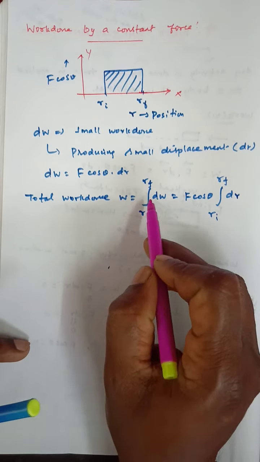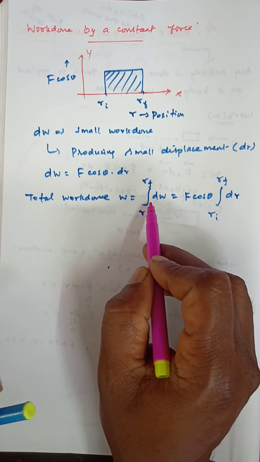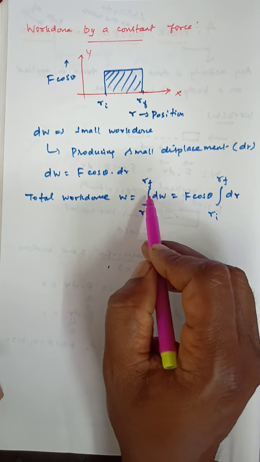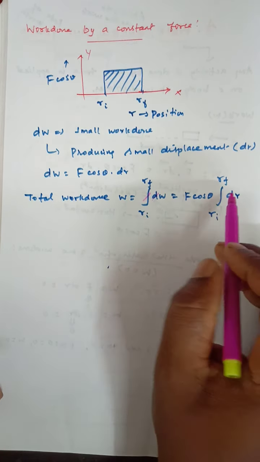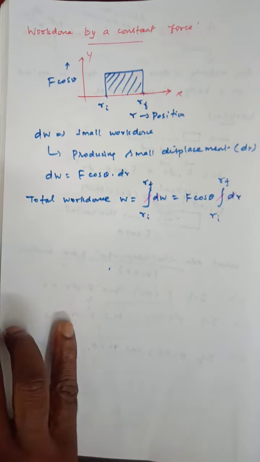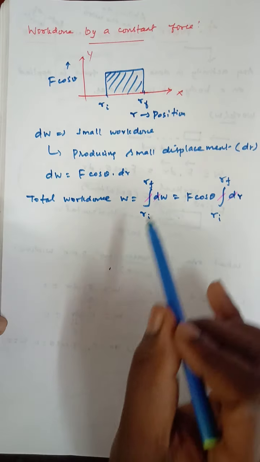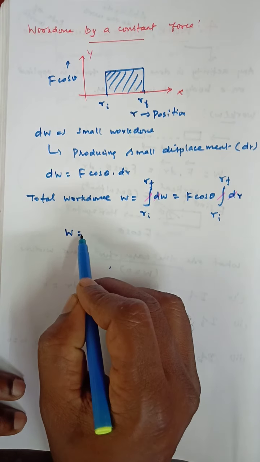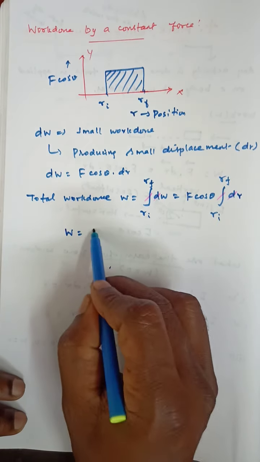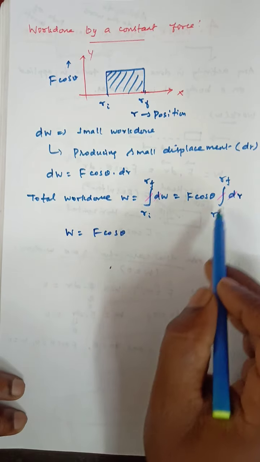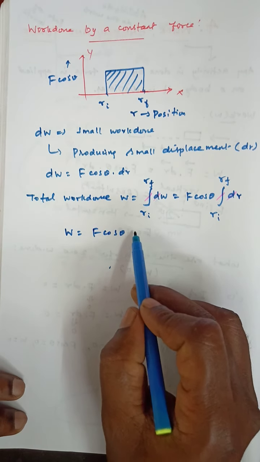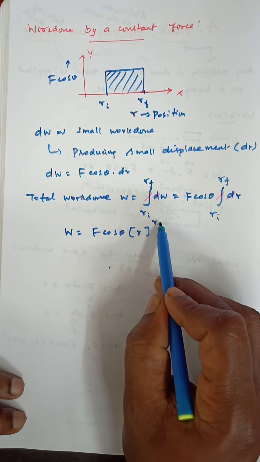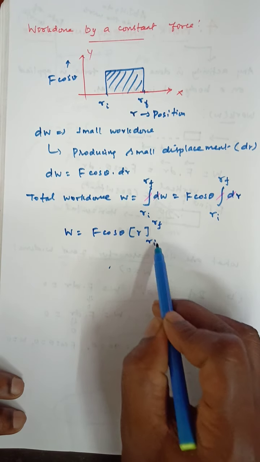See, the integral and the d, which is differentiation, are opposite in character, so they cancel each other. Now we have only W with the limits. So total work done W is equal to F cos theta, then we have only r, with upper limit Rf and lower limit Ri.